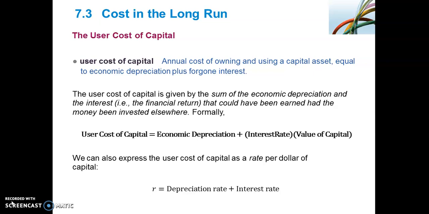Now, a good way to do this is to try to spread that large sum or that cost over the lifetime of your asset. Say the printing machines, so spread the cost of those printing machines over the lifetime of you having those printing machines. So you could then view the cost over an annual basis. And this is what is called the annual economic depreciation.